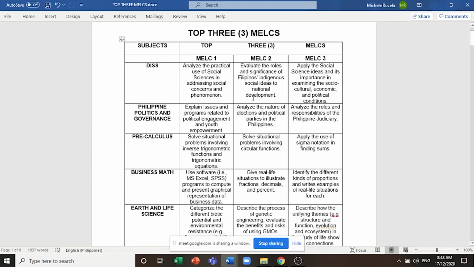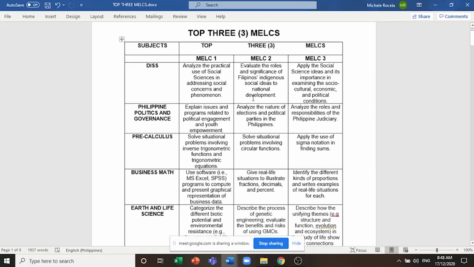Here, first, analyze the practical use of social sciences in addressing social concerns and phenomena. Number 2, evaluate the roles and significance of Filipinos' indigenous social ideas to national development. 3, apply the social science ideas and their importance in examining the socio-cultural, economic, and political conditions.